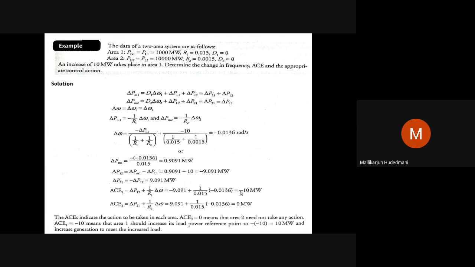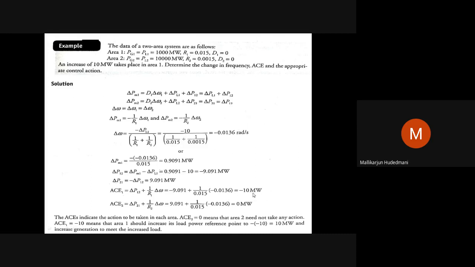The plus ACE indicates that there is already an excess generation happening. You need to reduce the generation. That is the knowledge we get from the sign convention of ACE. So here I am very clear. Minus 10 megawatt indicates there is a need of 10 megawatt additional generation in area 1. That is experienced as ACE of area 1 being minus 10.